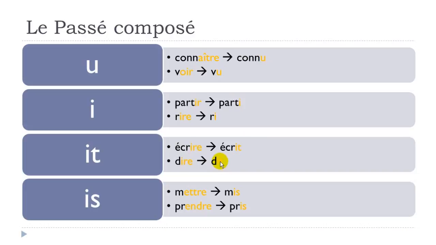IRE, IT, same group. Dire, dit, okay? Then ETTRE will give you this IS, but you don't pronounce the S, so you get I. Mettre, mis, and then ENDRE, IS, same thing here, the sound I. Prendre, pris, okay? So this is normally the difficulty of the passé composé, to remember the participe passé form, okay?